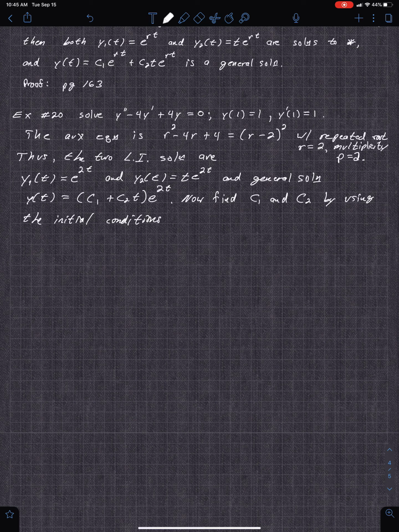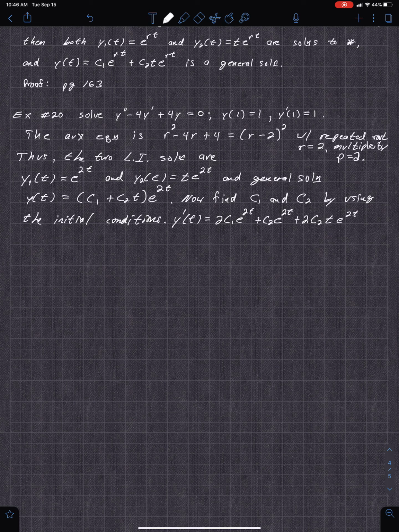All right, so what we have then is y prime of t equal to 2c1 e to the 2t plus c2 e to the 2t plus 2c2 t e to the 2t.